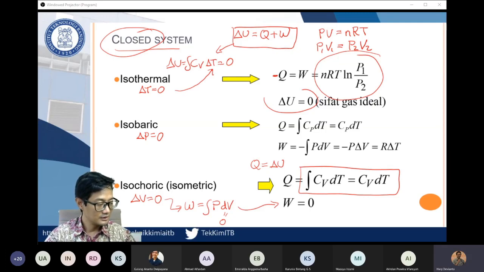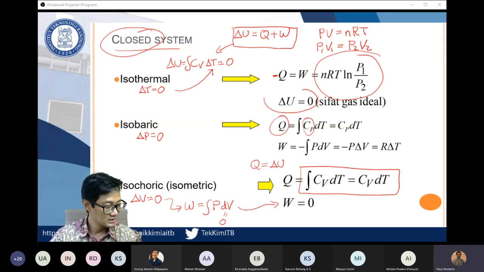So the formula for the first law of thermodynamics will still apply: delta U equal to Q plus W. Now the Q itself, since it is isobaric, at constant pressure, we should use Cp because it's at constant pressure. This is the key.